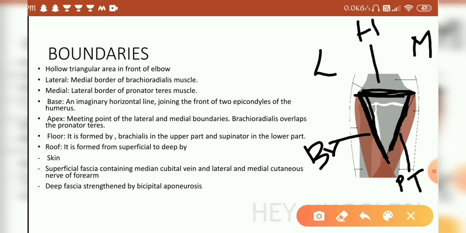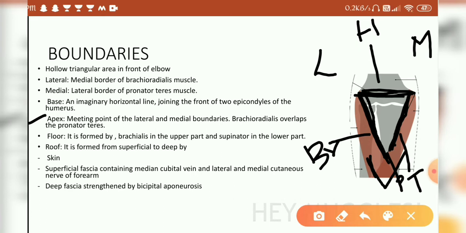The apex of your cubital fossa is formed by the meeting point of your lateral and medial boundary. So here you can see that brachioradialis muscle is overlapping your pronator teres muscle, and the apex is formed by the overlapping of your brachioradialis muscle to pronator teres.